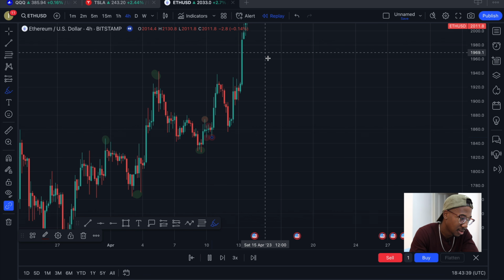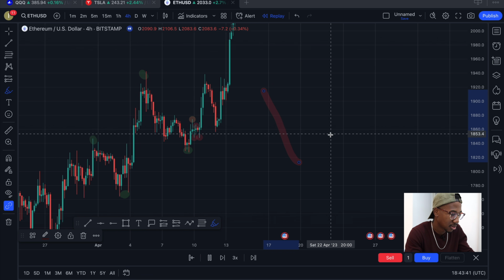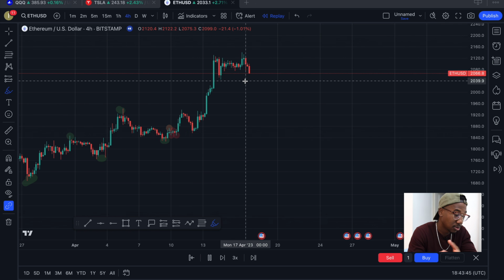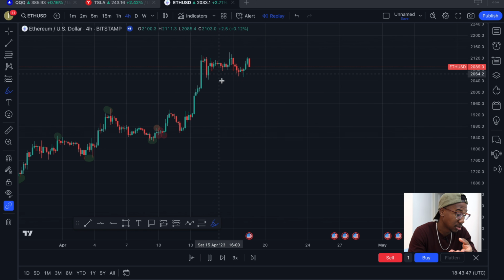And after we got that retest, we ran up and then went to consolidate. So that is how multi-dimensional market structure works. Take multi-dimensional market structure and combine it with supply and demand. Once you get good at seeing that combination, seeing those setups, that's when you become dangerous.